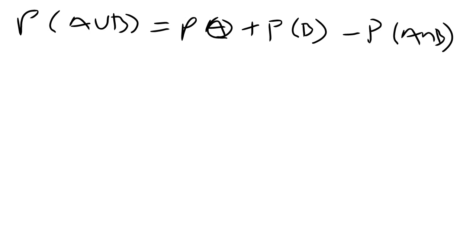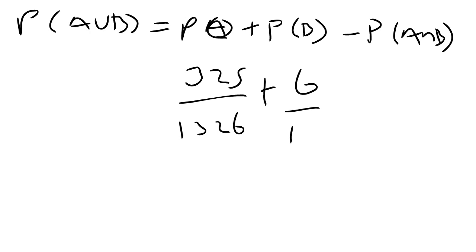The probability of A we have found to be 325 over the total sample space of 1326, plus the probability of B, which is 6 over the same 1326, minus, according to the formula, the probability of A intersection B, which is 1 over 1326.